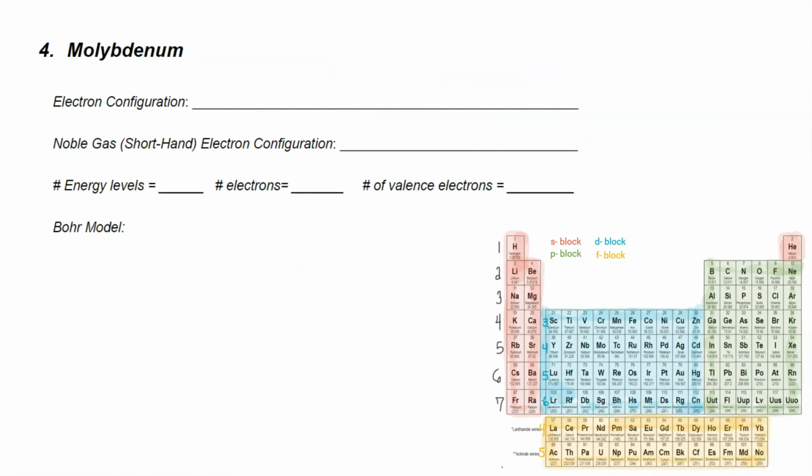Next we have molybdenum. So molybdenum is symbol Mo. It's element number 42 on the periodic table, right here. So this will be a slightly longer configuration than we've written before, but it's no big deal. We know that this just follows the pattern of the periodic table.